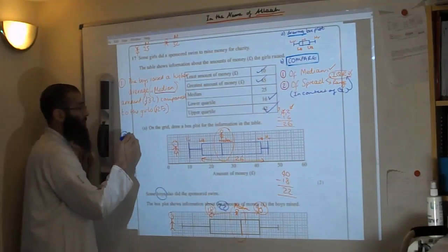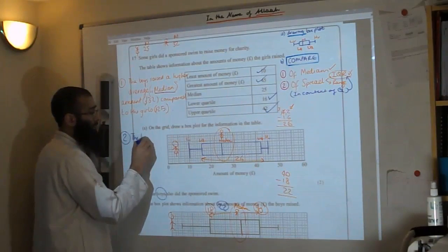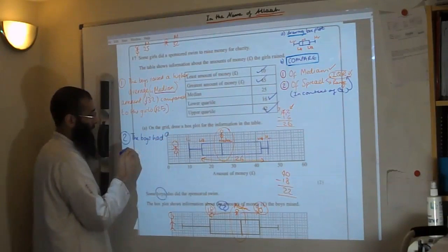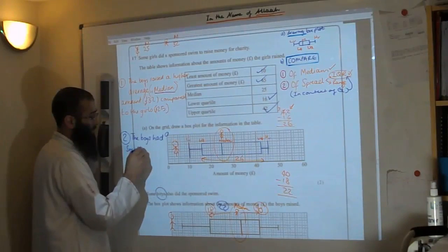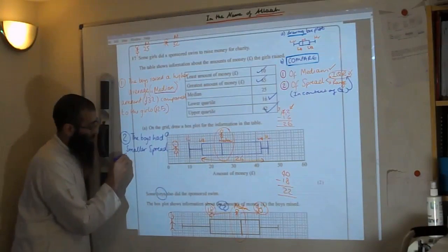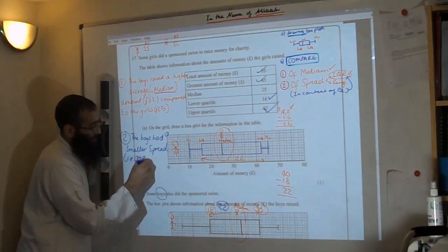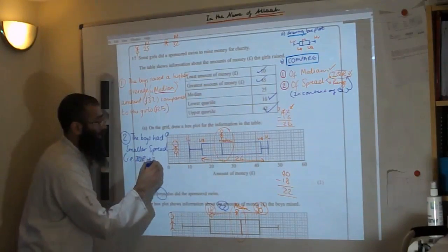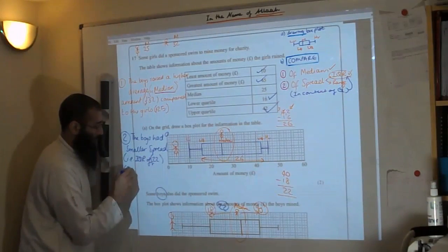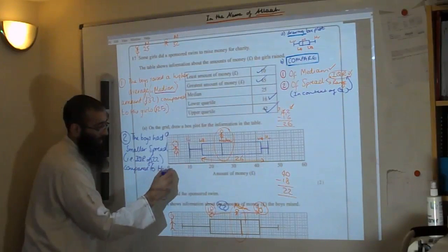So we say the boys had a smaller spread compared to the girls.